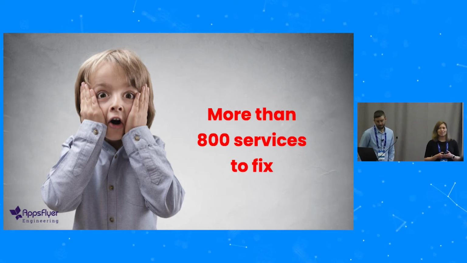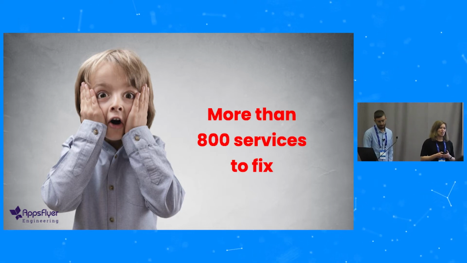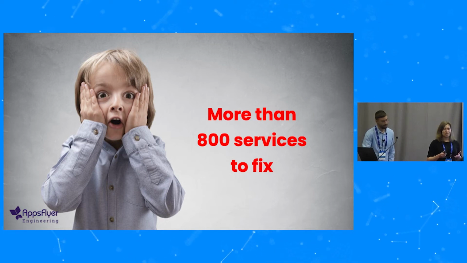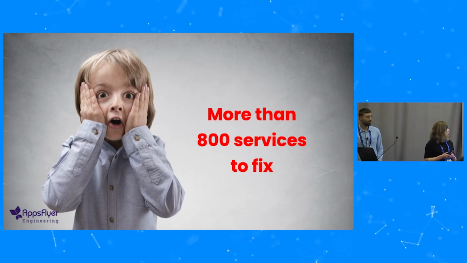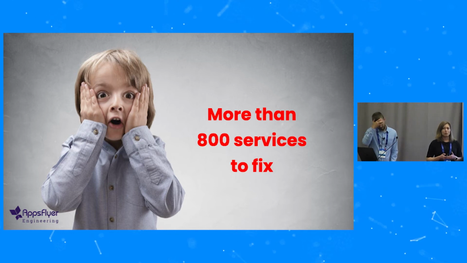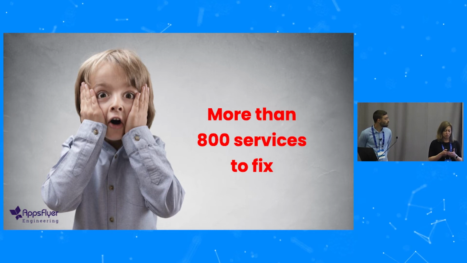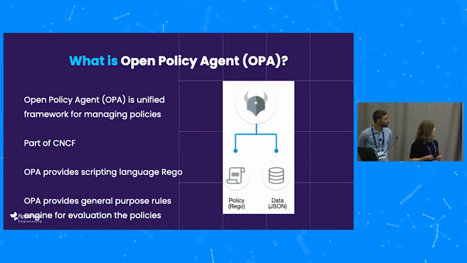And what made it even more painful is that we already had more than 800 services. When we completed it, we understood that this kind of architecture is just not sustainable, and we have to think of a better architecture for our authorization solution.